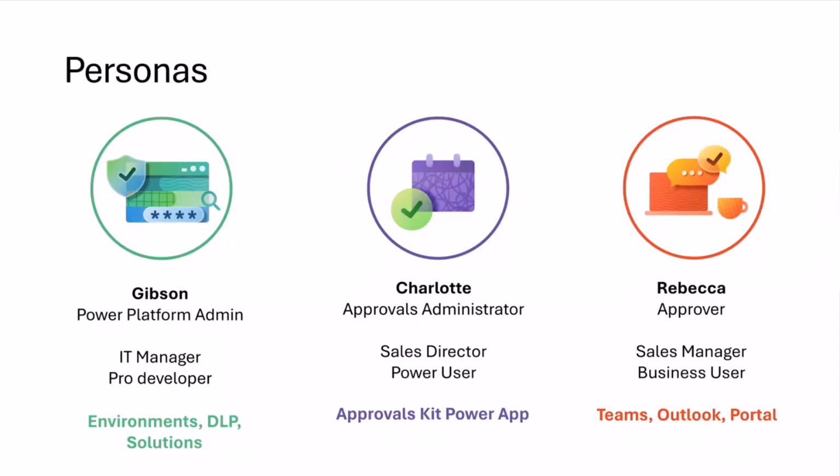And then the last one is the actual approver themselves, where they're in Teams or Outlook or in the Power Automate portal, and they actually just want to make the approvals. So these three personas map to getting people started and set up, somebody that wants to model their approvals process, and the people that want to do the approvals itself.